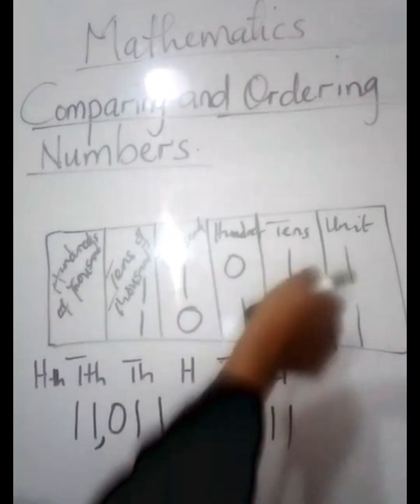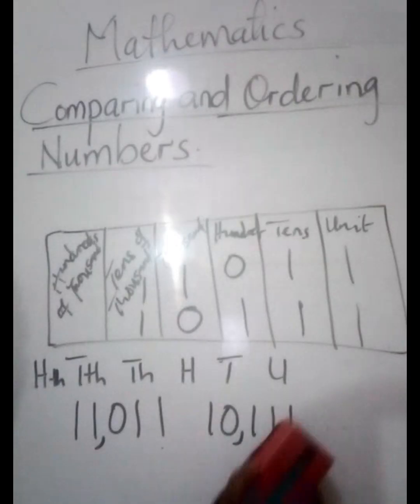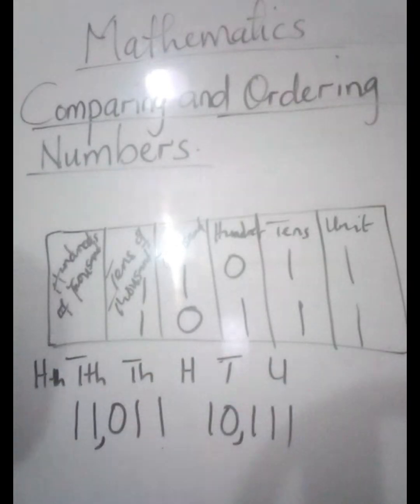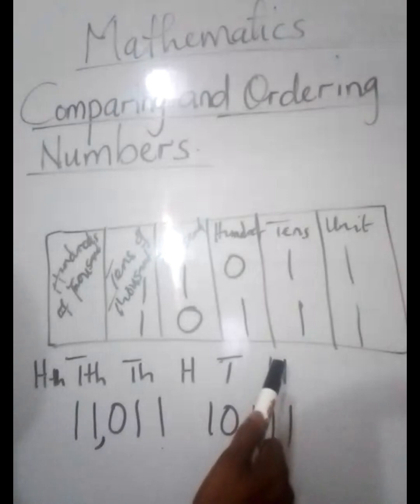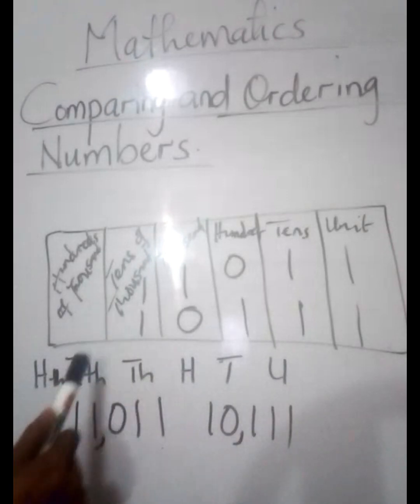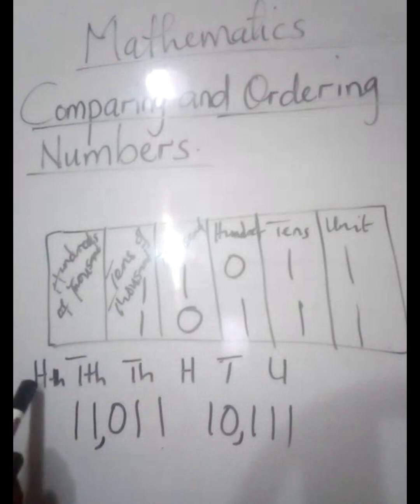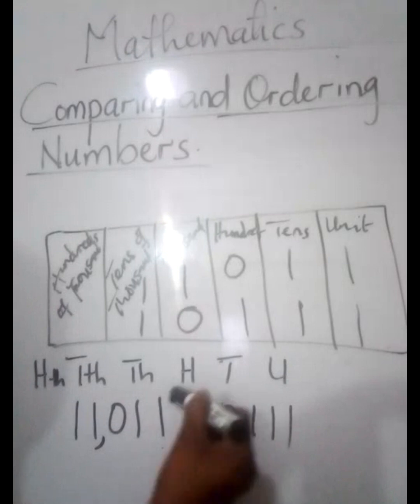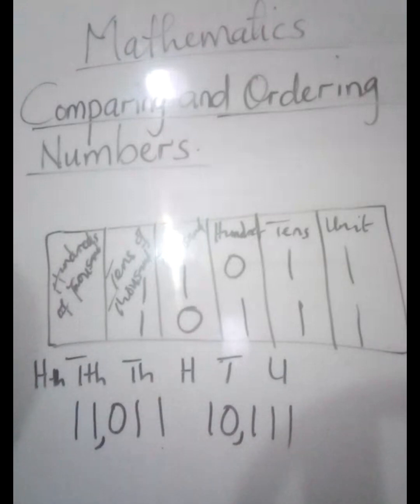Either you use this place value chart, or you can also use this. You see what I wrote out here? You have unit, tens, 100, 1,000, tens of thousands, and hundreds of thousands. You can also use that. You arrange these numbers under them, and you're going to arrive at the same thing. So let's try that.